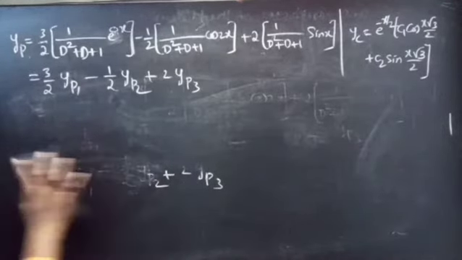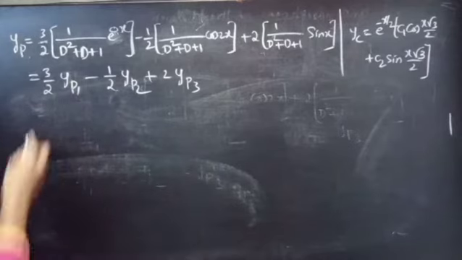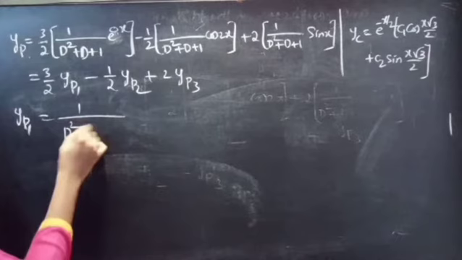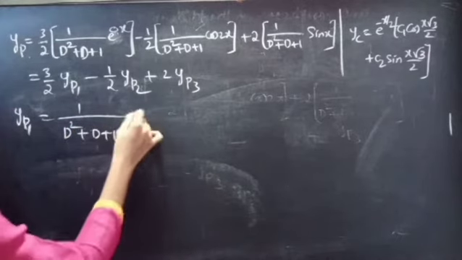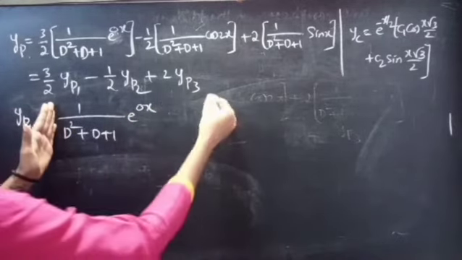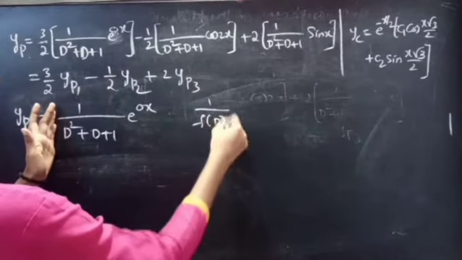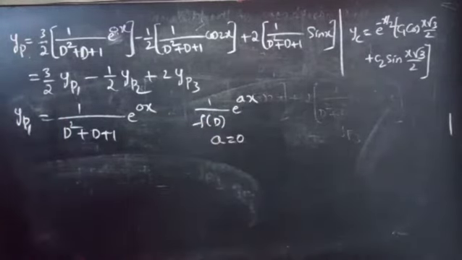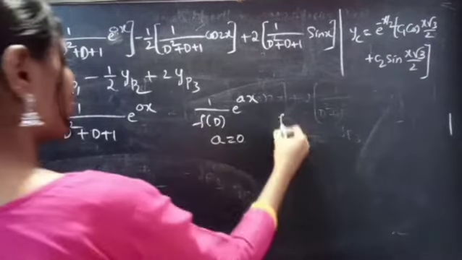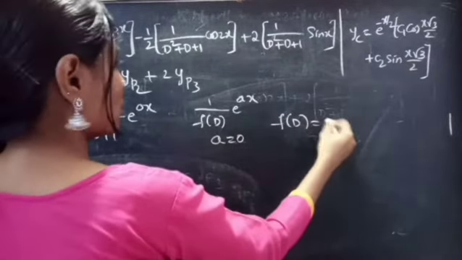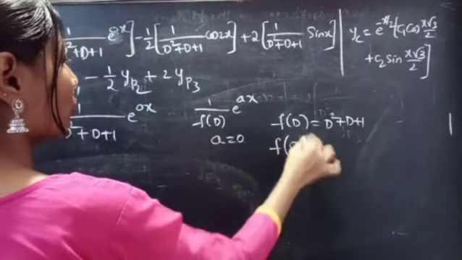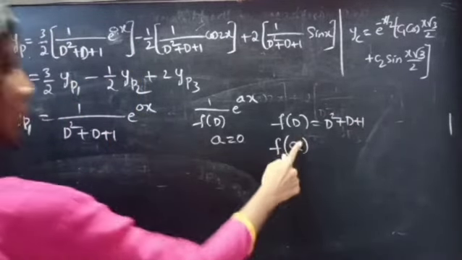So firstly we'll find yp1. We have yp1 equals 1 by f of D into e power 0x. This is of 1 by f of D into e power ax form for a equals 0, right? We have f of D equals D square plus D plus 1. So let's find f of a. For a equals 0, we need to find f of 0.